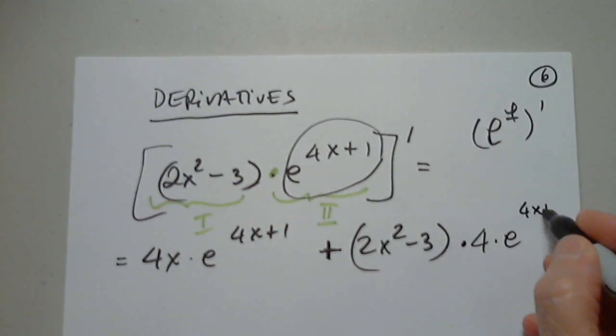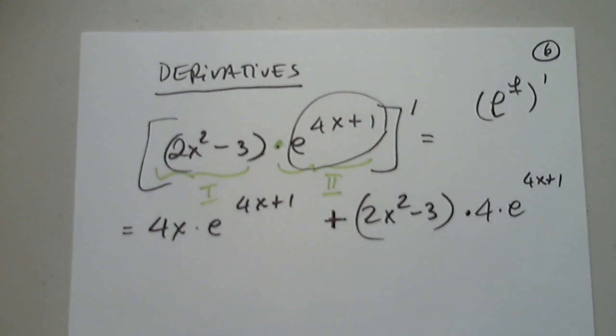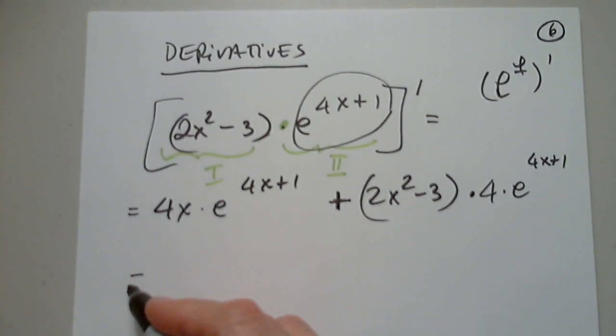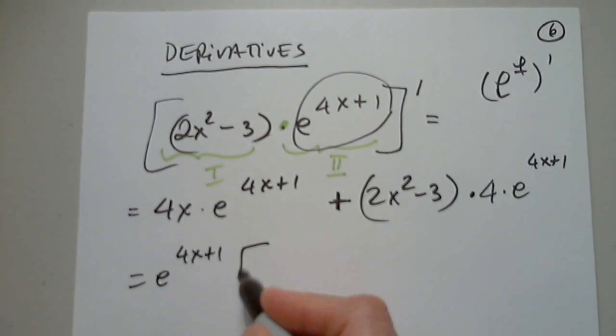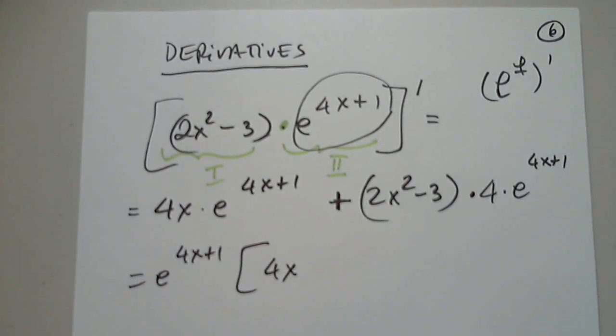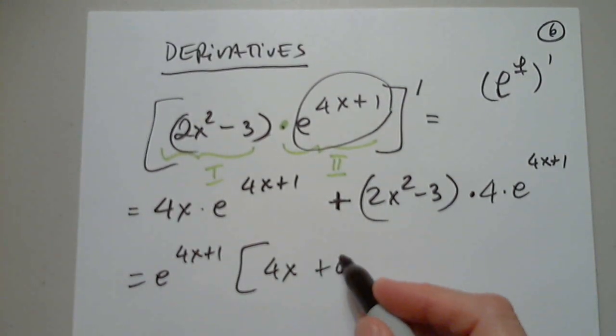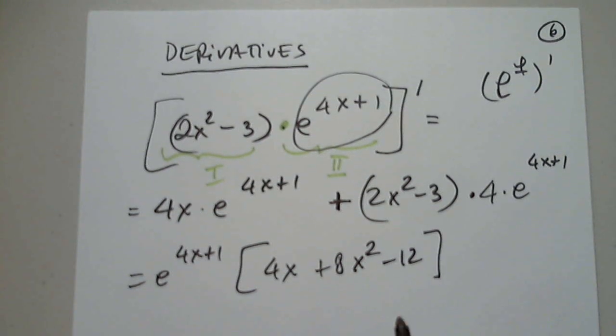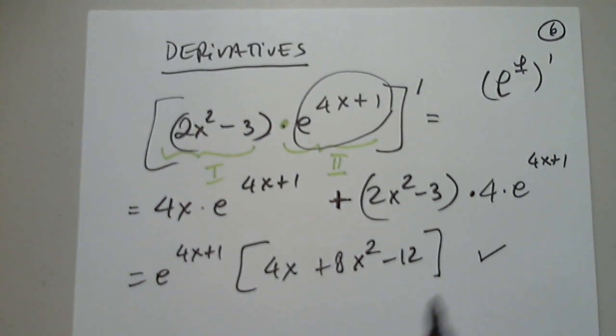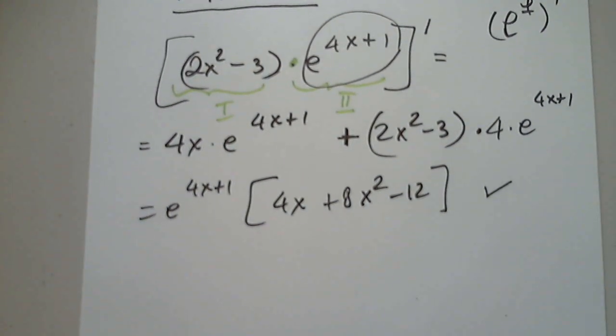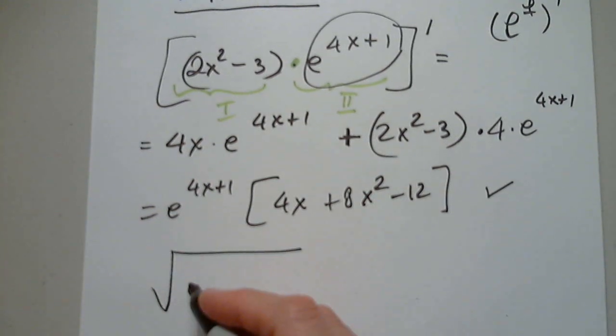Excellent. You can leave it alone, or you can factor e to 4x plus 1. And then I have 4x. Here I have 4 distributed here, 8x squared minus 12. And I will rearrange this in the correct order. Okay, what about this one?